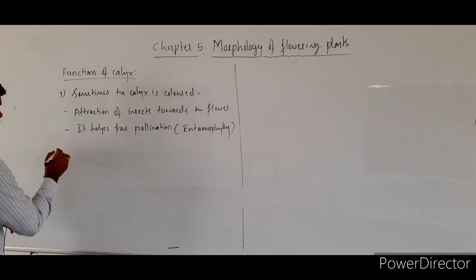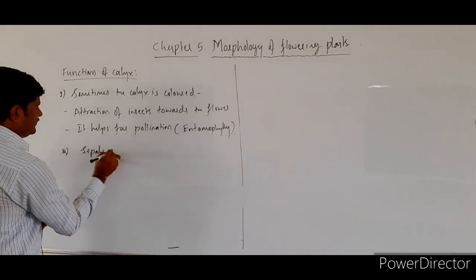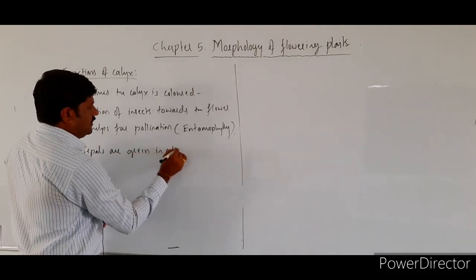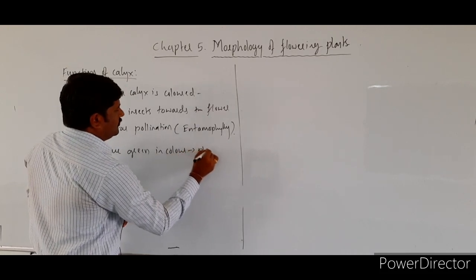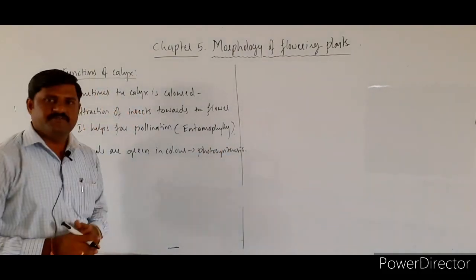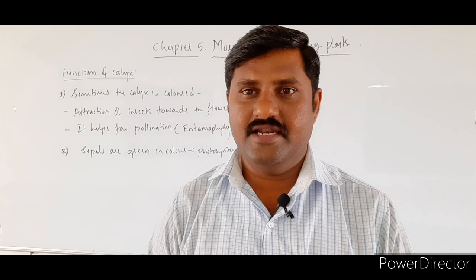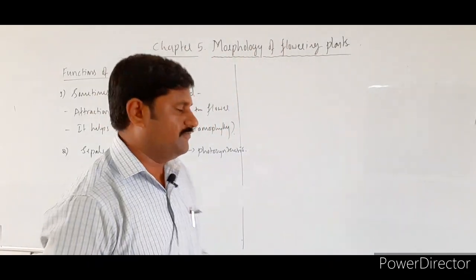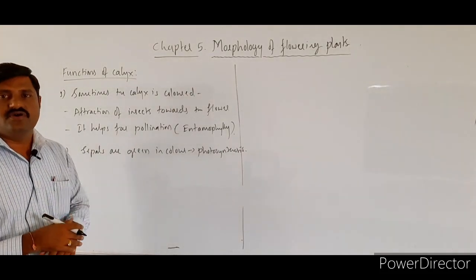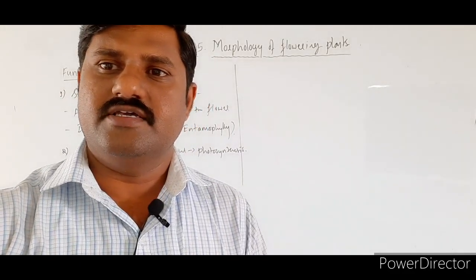And the second function, since sepals are green in color, they perform photosynthesis. Photosynthesis is performed by these sepals themselves, right? So this is also one more function of the sepal or calyx.